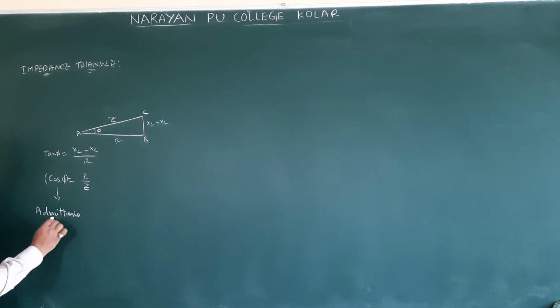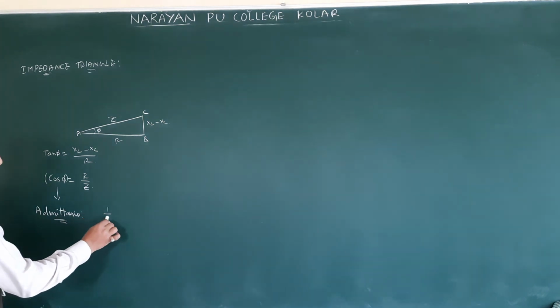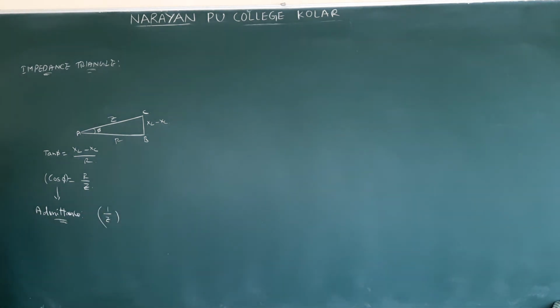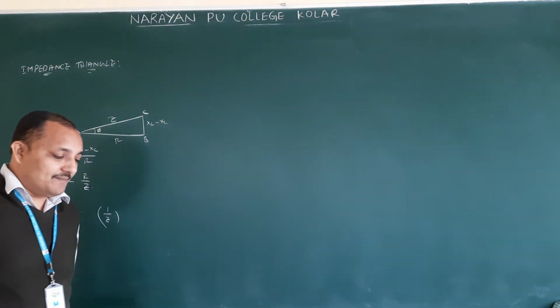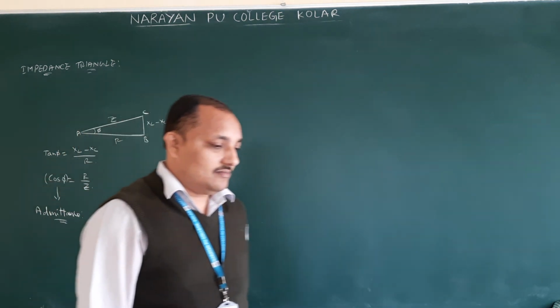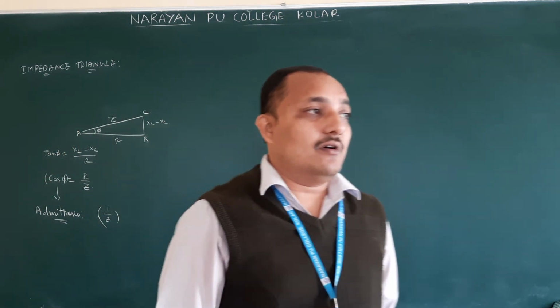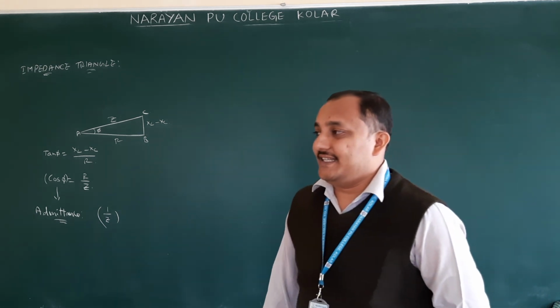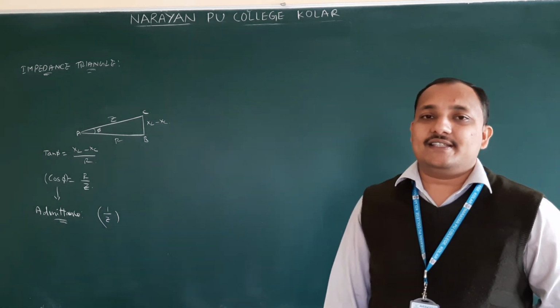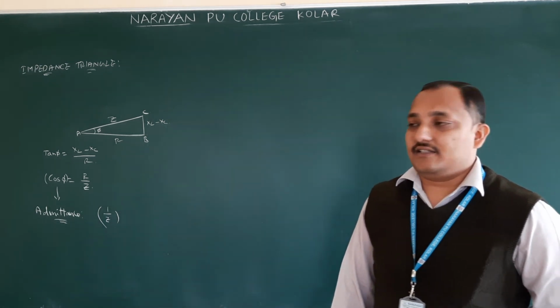These are small definitions. The reciprocal of impedance, 1 by Z, is called admittance. You already heard about conductance and resistance: the reciprocal of resistance is called conductance. Do you remember?